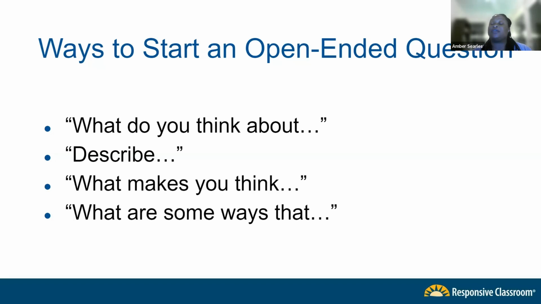Remember, it doesn't matter the content, it doesn't matter the student. How would you use these with your students? And place them in the chat box. How would you use these sentence starters with your students?